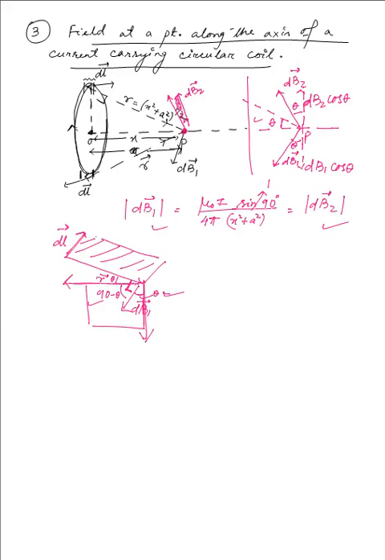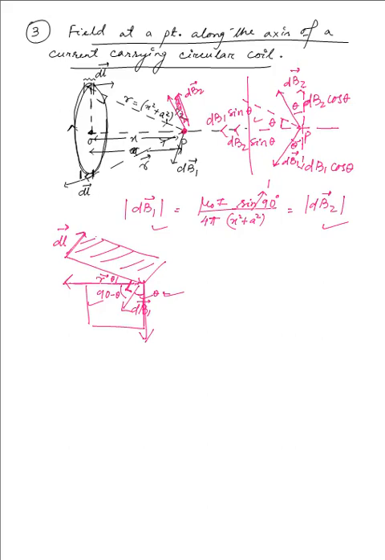The other term that is going to be there is dB2 sine theta along that line, and similarly dB1 sine theta along that line. And this is for the entire circle, because we will be considering the dl elements as we will be integrating across that circular path.